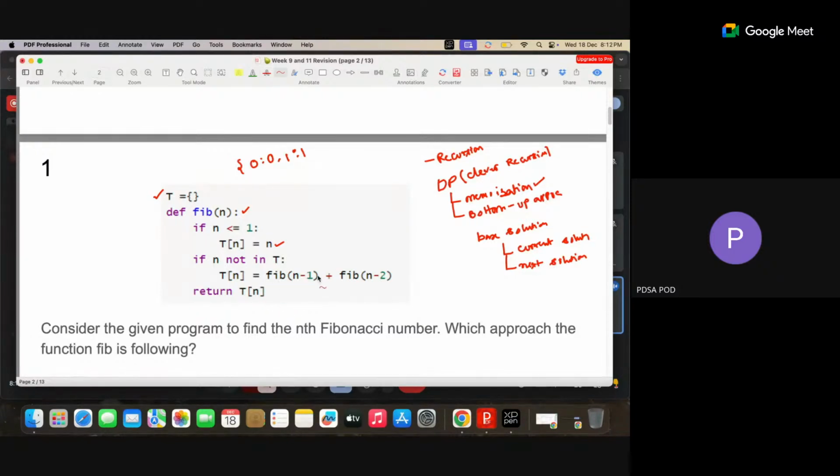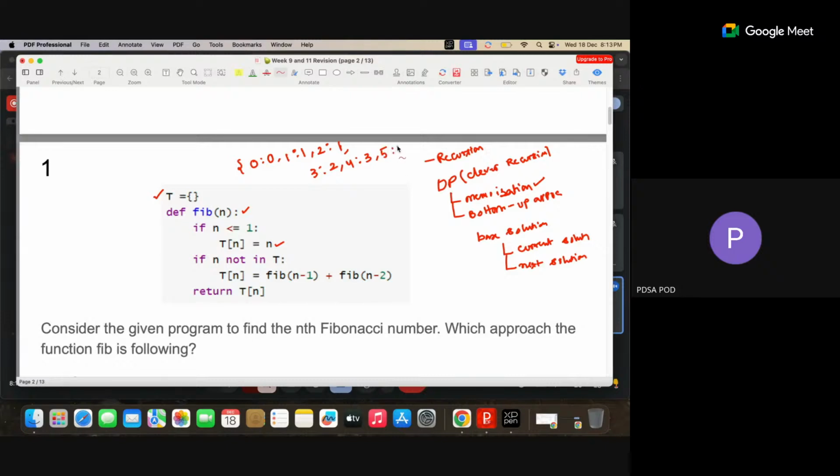Once we get the new Fibonacci, immediately it will store it here. So the 0th Fibonacci, the first Fibonacci, the second Fibonacci again stores 1. Third Fibonacci will store 2. Fourth Fibonacci is the sum of 2 and 1, so the fourth Fibonacci is 3.